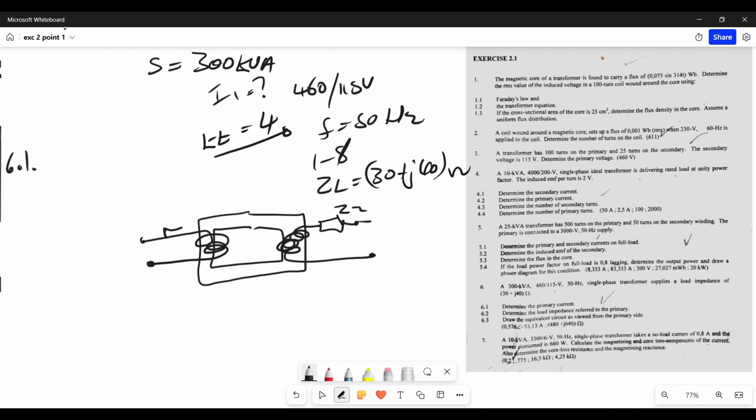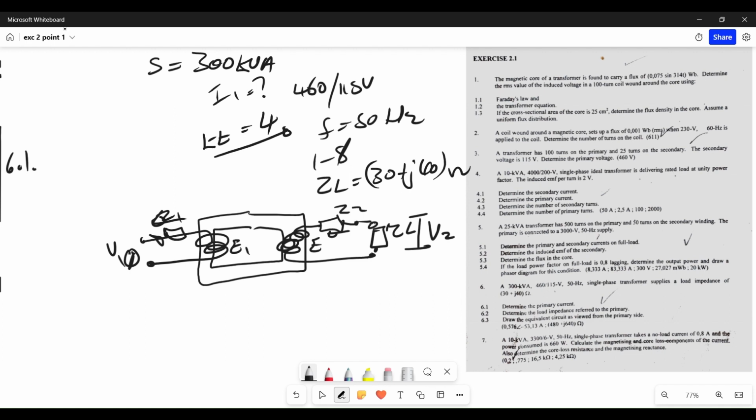So this is Z2, this is Z1, this is the supply V1, current flows, and then there's a volt drop, and across this you have E1, you have E2, here's the volt drop, Z2, V2, and then at the terminals, where there's the load, Z load, the voltage across Z load is V2.